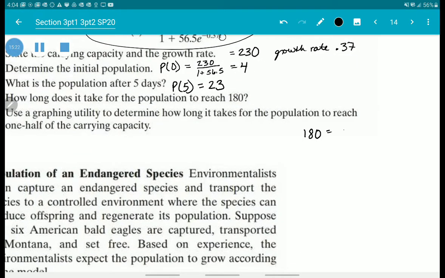180 is equal to 230 over 1 plus 56.5 e to the negative 0.37t. Multiply both sides by the denominator.